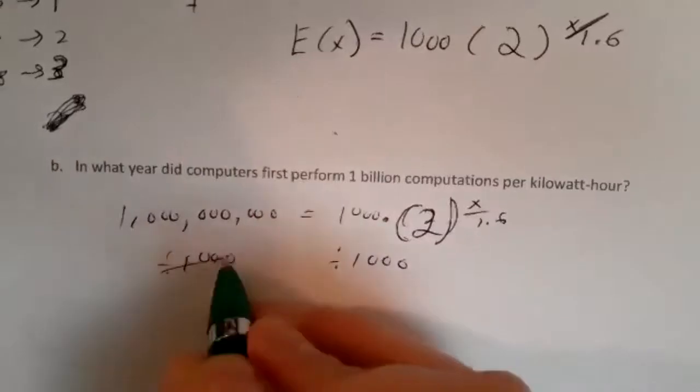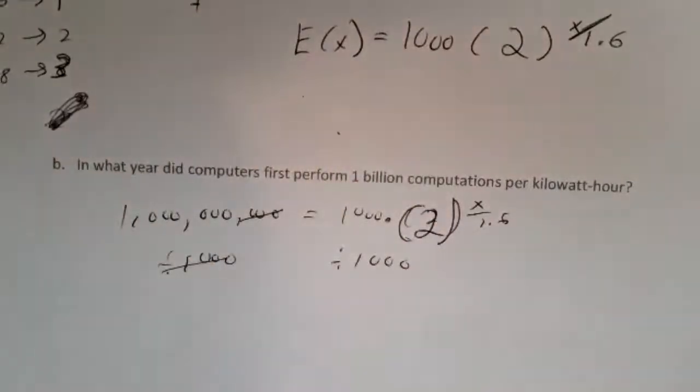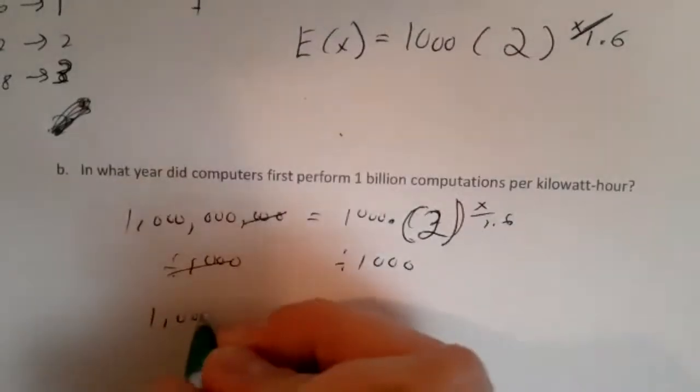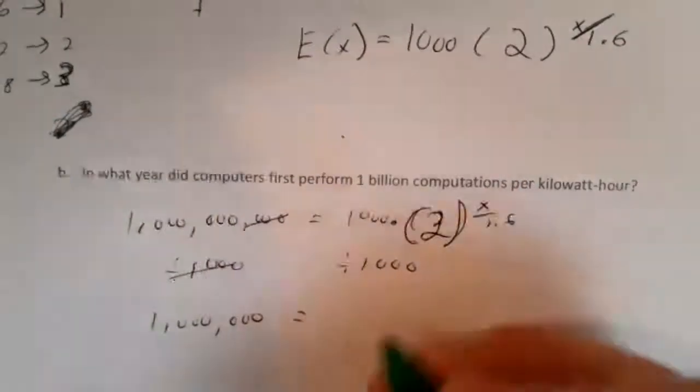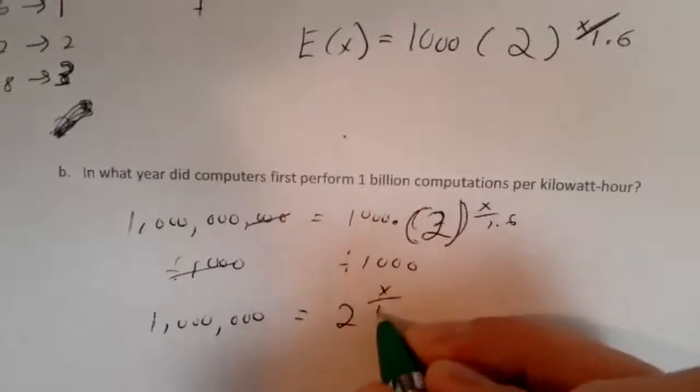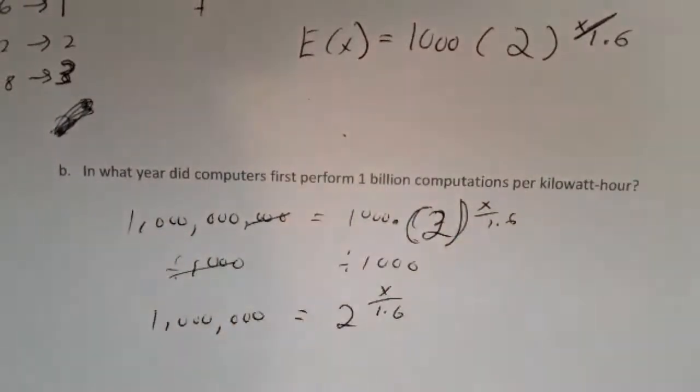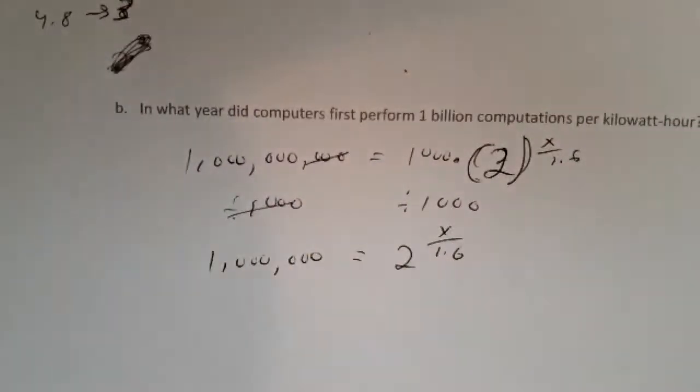Dividing by 1,000 is like the same thing as saying take away 3 zeros from that thing, right? And so now we're going to say what? 1 million. So what is 1 million equal to the x divided by 1.6? Okay.